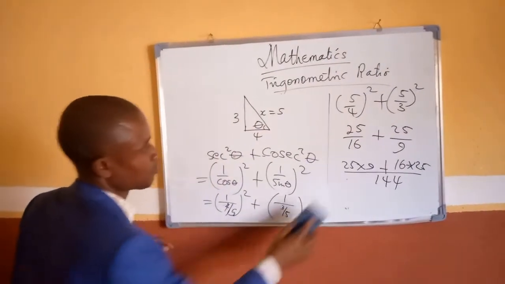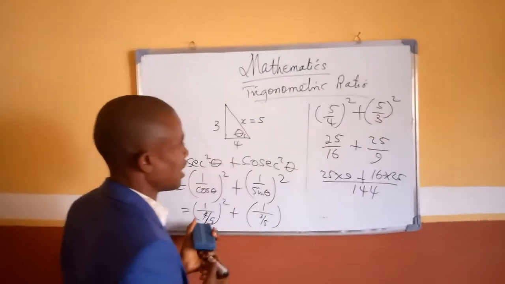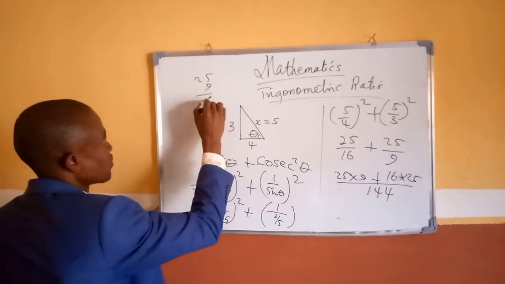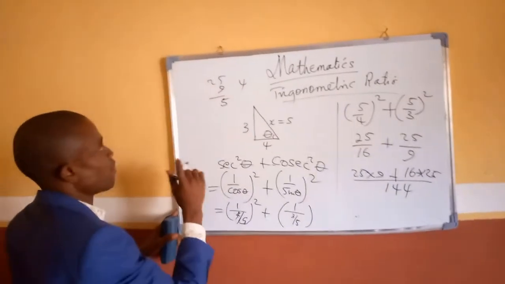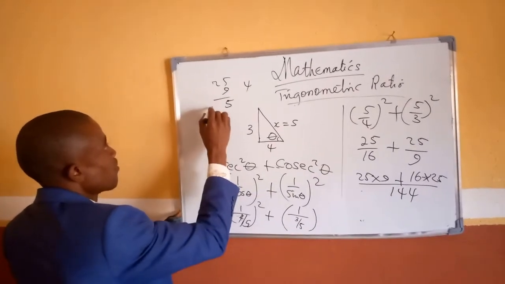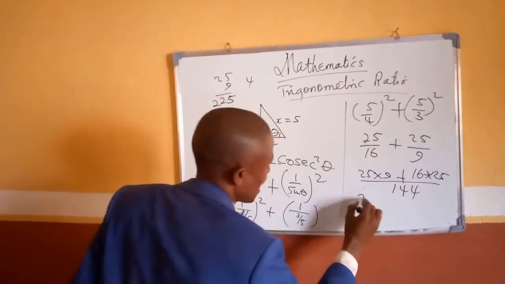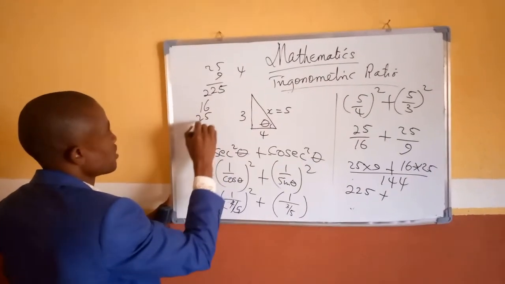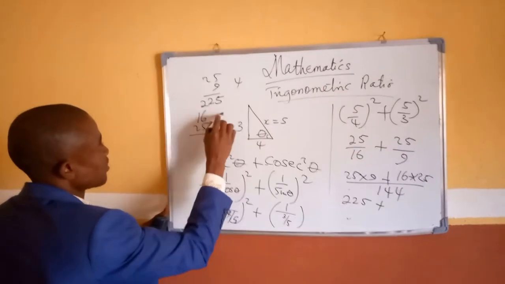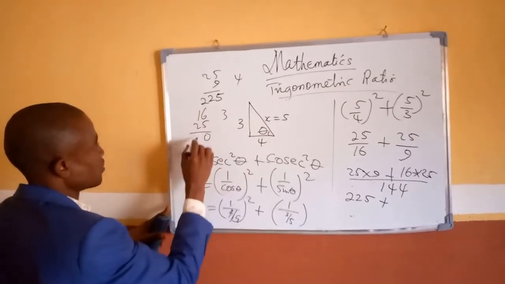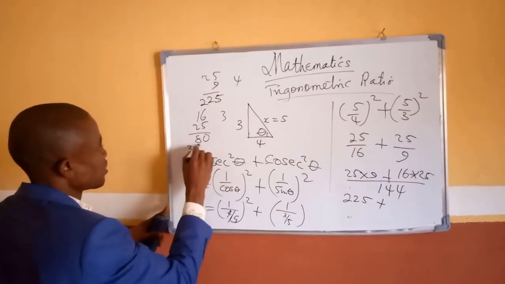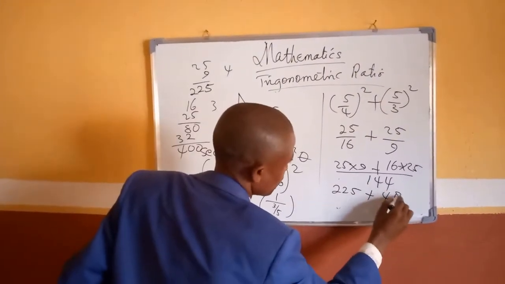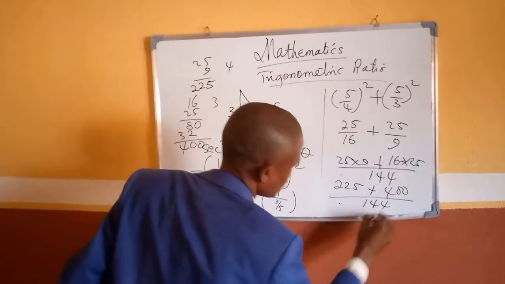I hope you have gotten that. So 9 times 25 gives us 225, and 16 times 25 gives us 400. So we have 225 plus 400 all over 144.